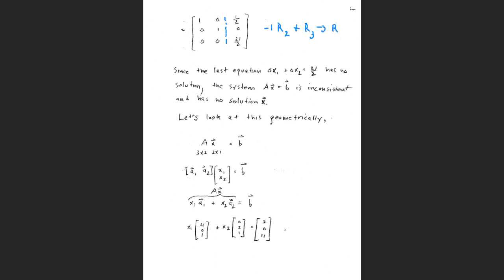That's what we did. And the last equation, if we read it off, says 0x1 plus 0x2 equals 21/2. That has no solution. So our system is inconsistent. It has no exact solution.